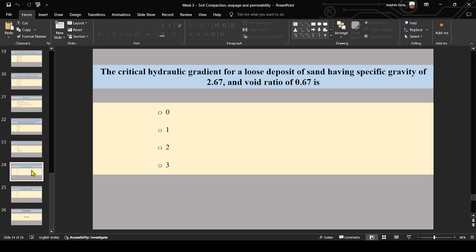The options are 0, 1, 2 or 3. I'll repeat, the critical hydraulic gradient for a loose deposit of sand having specific gravity of 2.67 and void ratio of 0.67. The options are 0, 1, 2 or 3.